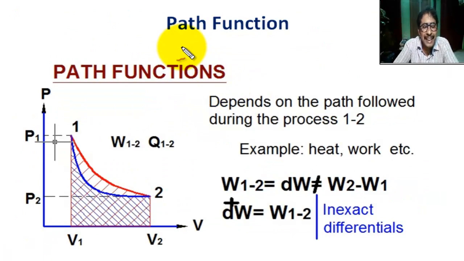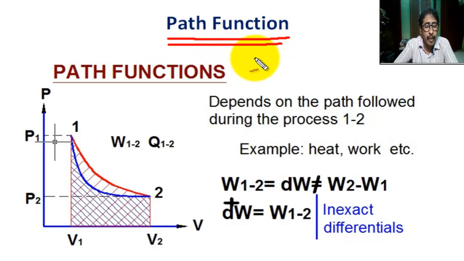After knowledge of point function, now what is path function? When the system undergoes from 1 to 2, red color, it must produce some work or heat.